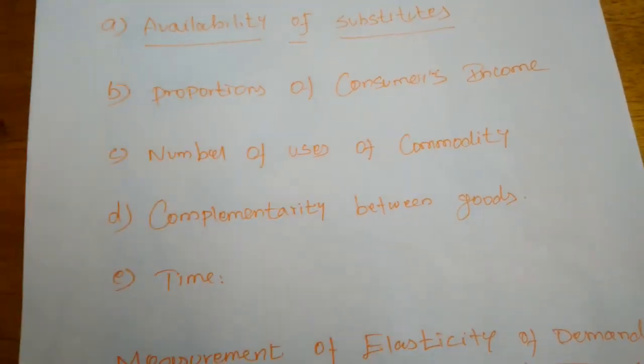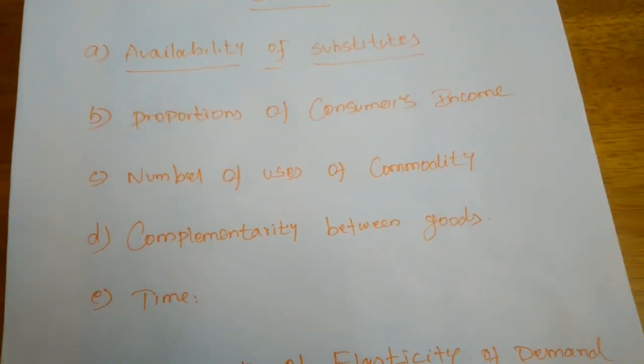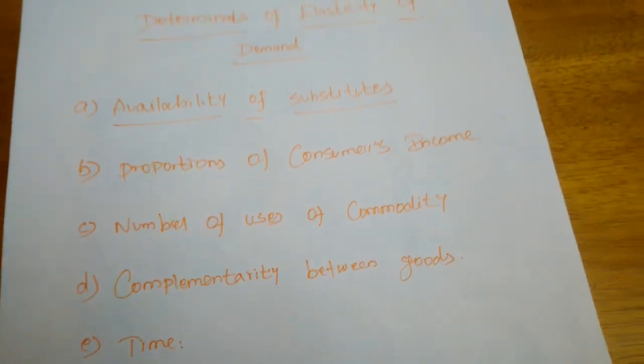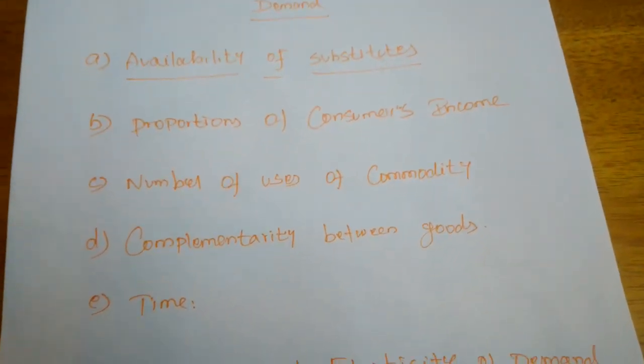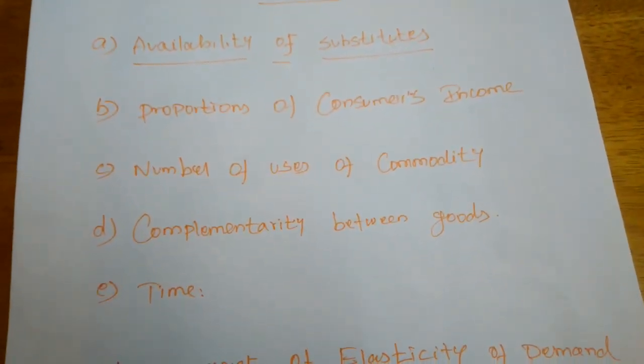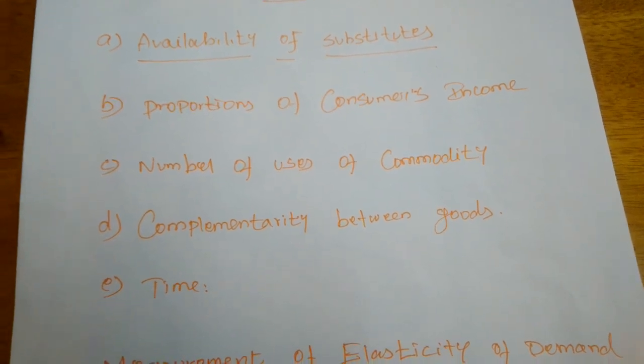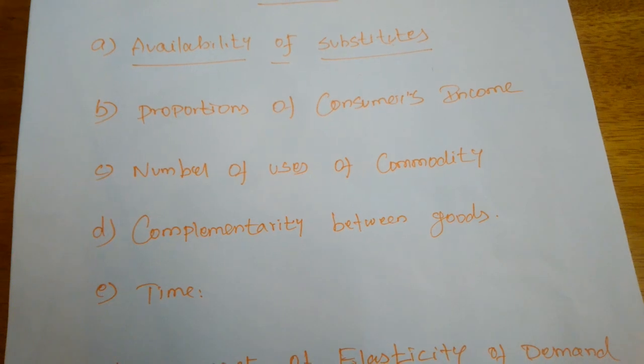Next, the number of uses of a commodity. The number of uses of a commodity also determines the elasticity of demand. If a commodity is used for a greater number of uses, its price elasticity will also be larger.